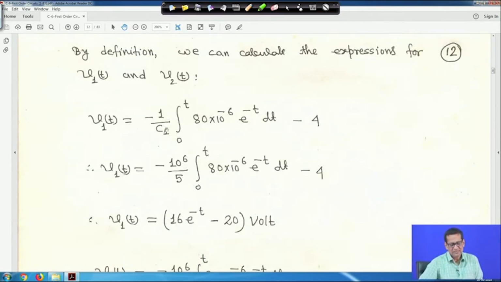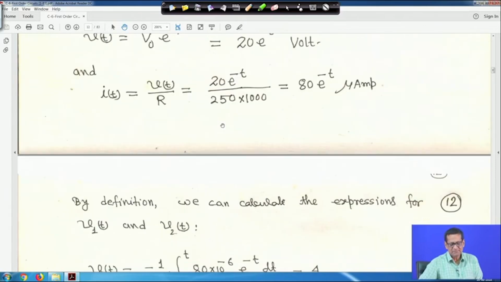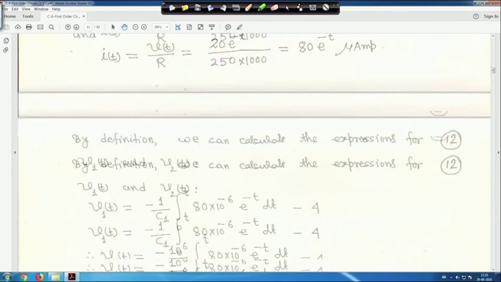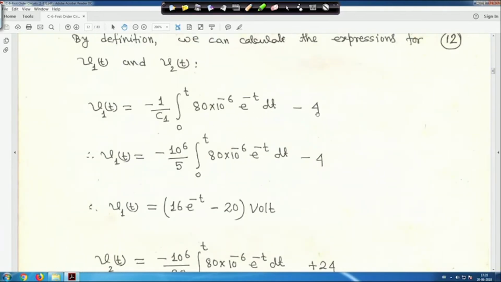It will be minus 1 upon C1, integral 0 to t, this i(t) expression we have got, 8 e to the power minus t microampere, and we are making the initial condition minus 4. The initial condition Vc(0) is given as 4 volt, but here we are putting minus 4. Why are we writing minus 4?